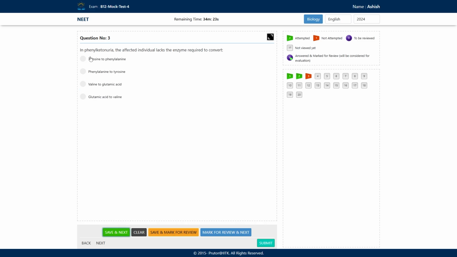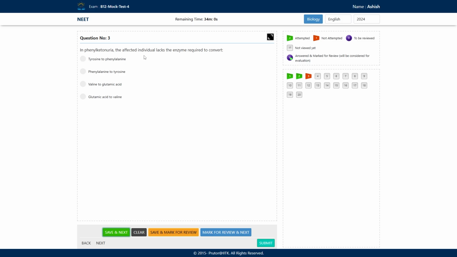Next, in phenylketonuria, the affected individuals lack the enzyme required to convert... So phenylketonuria is a metabolic disorder, and here a gene is mutated, and due to mutation in this gene, an enzyme is not synthesized.